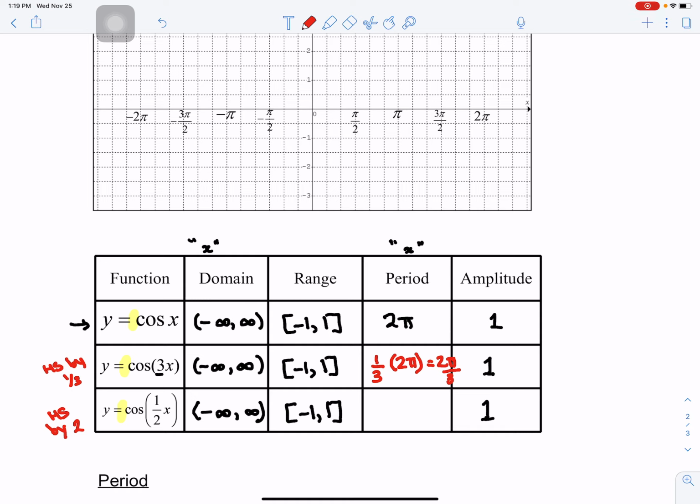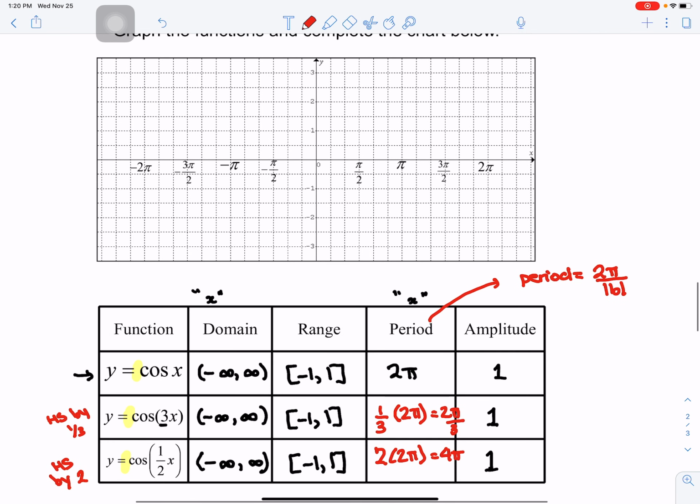And then if I do 2 times 2 pi, then my period becomes 4 pi. So your period will always be represented using the formula, which is not on your formula sheet, 2 pi over absolute value of b. Or if you're in degrees, 360 degrees over my absolute value of b.